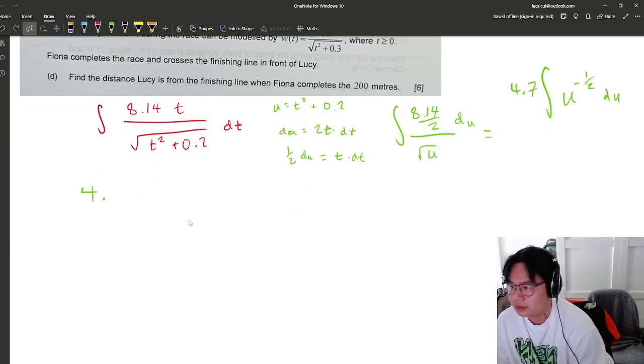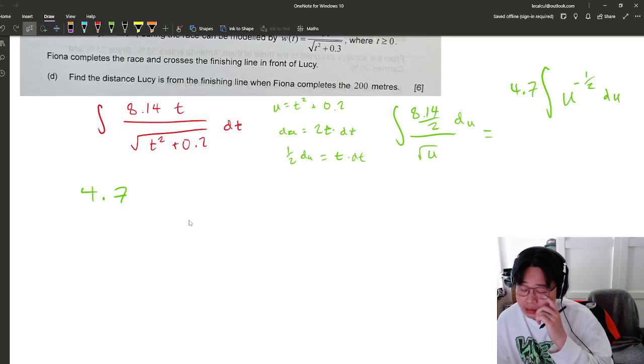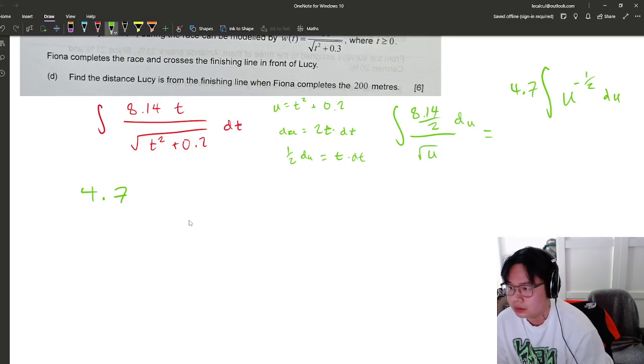So 4.07 times u to the positive 1/2, plus C, with a 2. Oh, so then it goes back to 8.14.